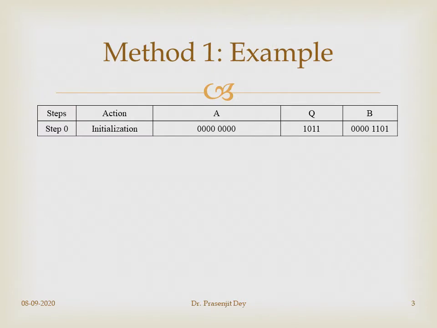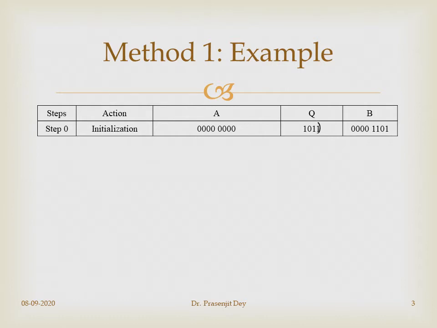Let me explain that with an example. Initially the partial product A stores all zero values, the multiplier Q is 1011, and the multiplicand B is 00001101.